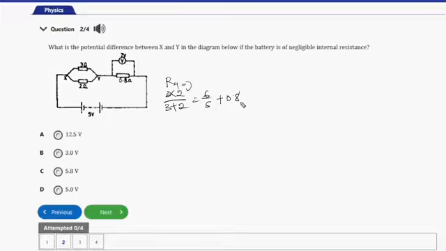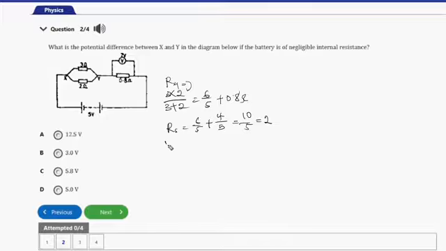So R total for resistance in series will be 6 over 5 plus 0.8. Actually 0.8 is 4 over 5. So 6 over 5 plus 4 over 5 will give us 10 over 5, and 10 over 5 is equal to 2. So now we've gotten the total resistance to be 2.